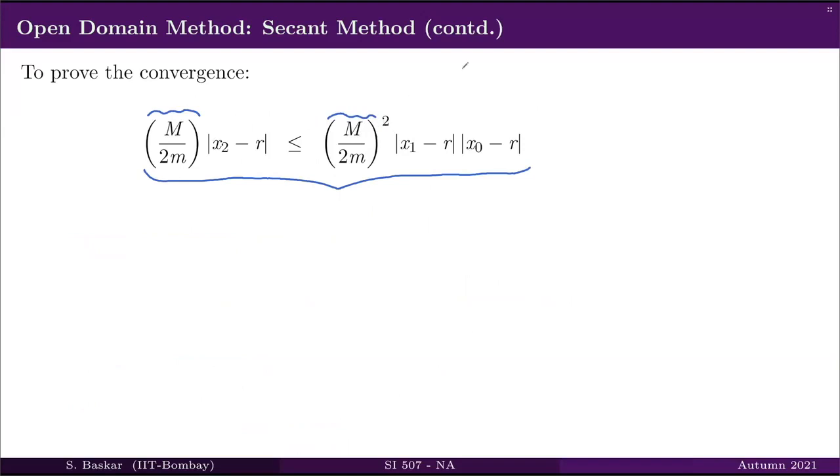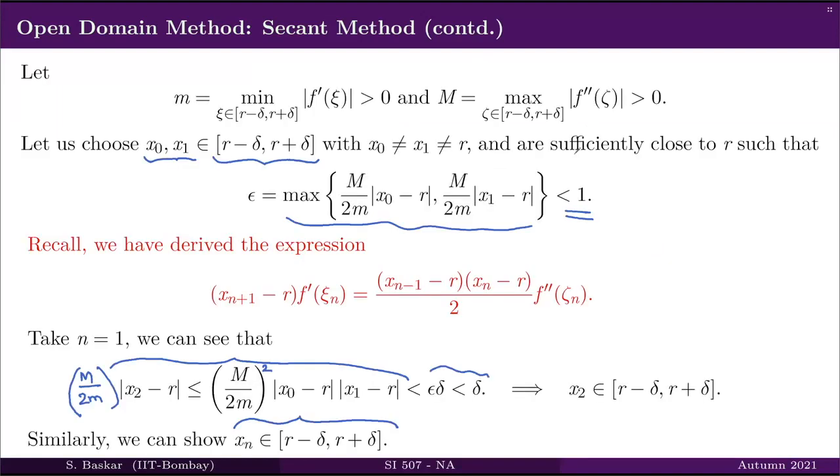Now, if you recall how epsilon is defined, you can see that the right hand side is further less than or equal to epsilon square. Again, go back to this expression.